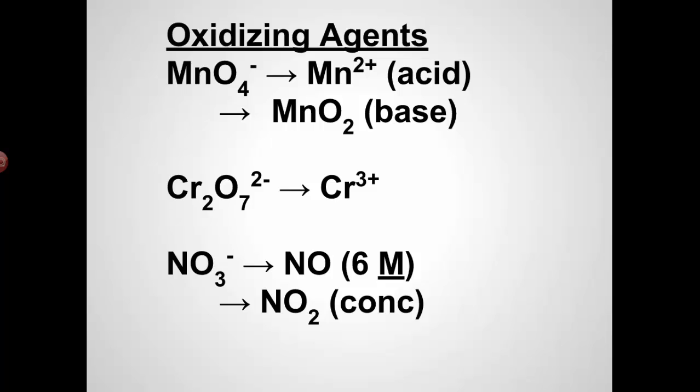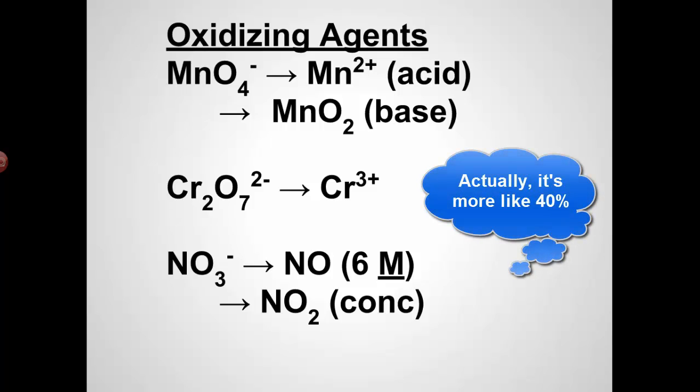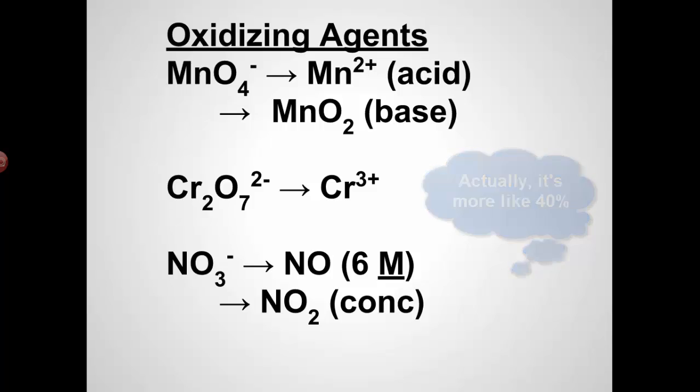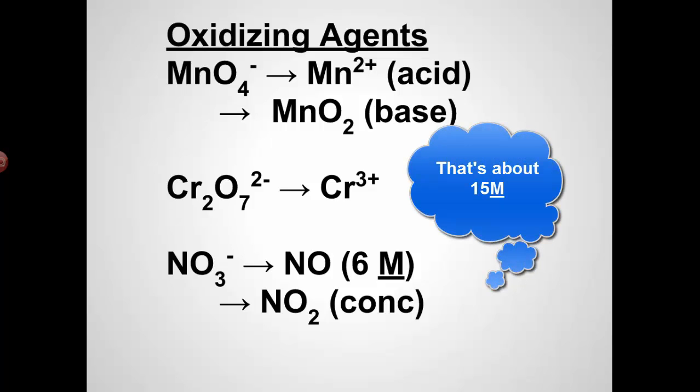Nitrate, if it's 6 molar, which is roughly a third of full concentration, 30% or so, will turn into NO, nitrogen monoxide. If it's concentrated NO3- from HNO3, nitric acid, then it turns into NO2, which is a brownish gas.